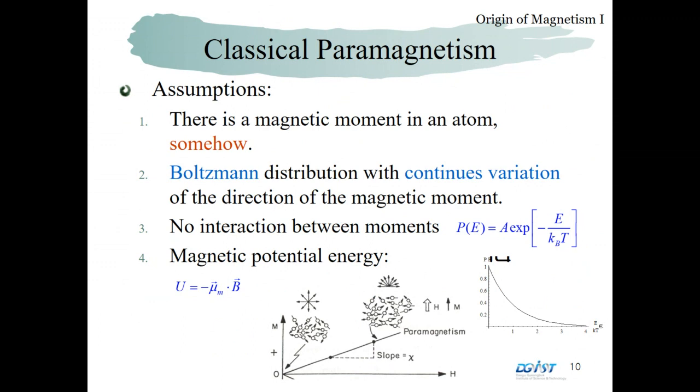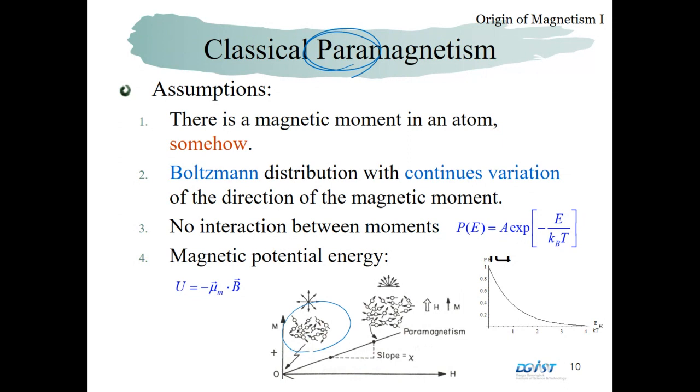Let's focus on paramagnetism. I said we have to understand ferromagnetism, but in order to understand ferromagnetism, we have to start from paramagnetism. Okay, so I want to recall this cartoon again.